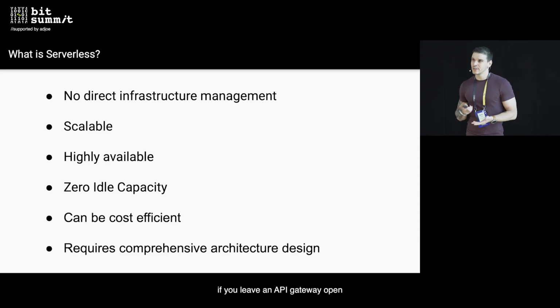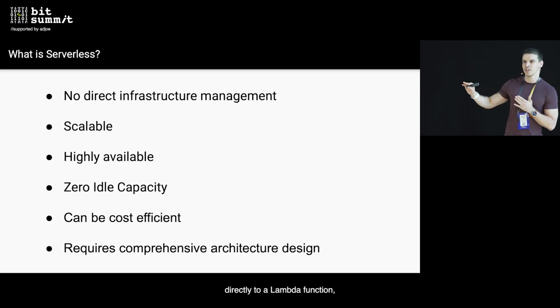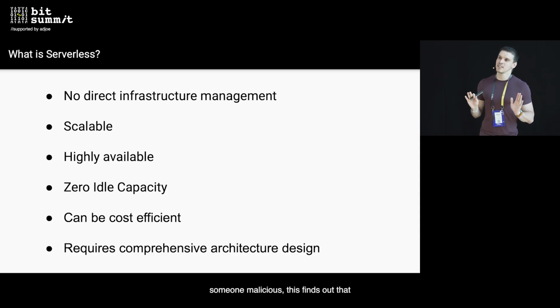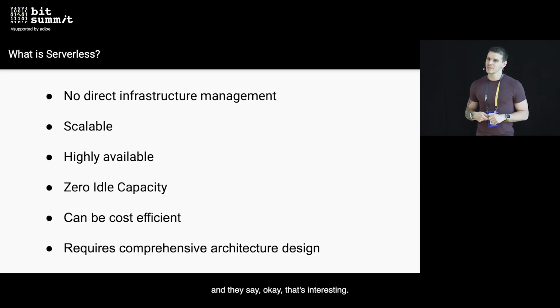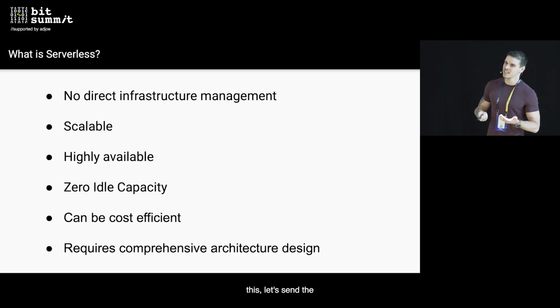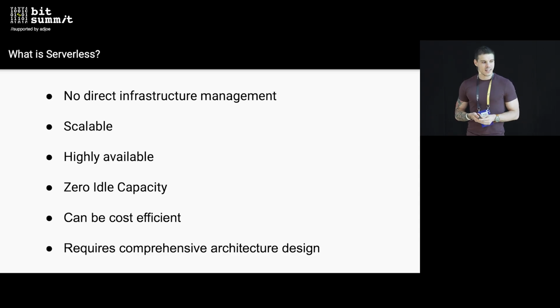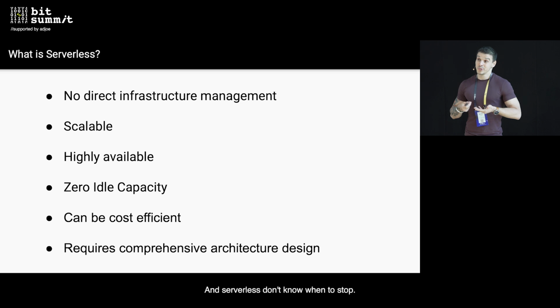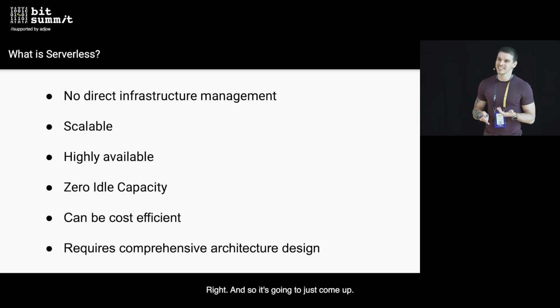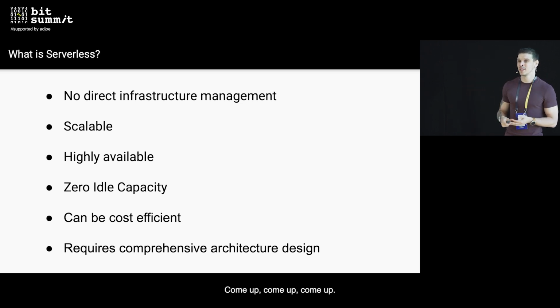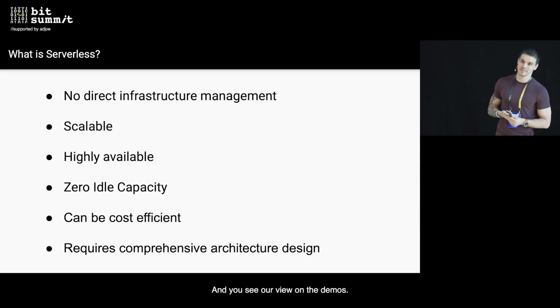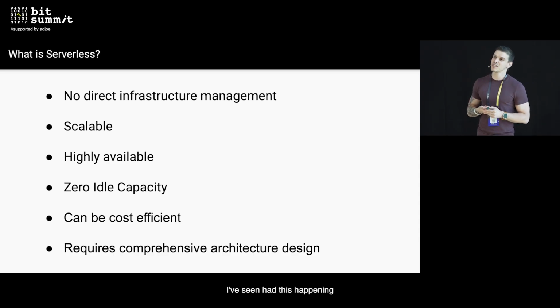For example, if you leave an API Gateway open with no authorization, no authentication, connected directly to a Lambda function, and for some reason someone maliciously finds out about that and says, OK, that's interesting, let's send a DDoS attack on this. Serverless doesn't know when to stop, right? So it's just going to scale up, and you see your bill at the end of the month. And it's pretty sad. I've seen this happening in production.